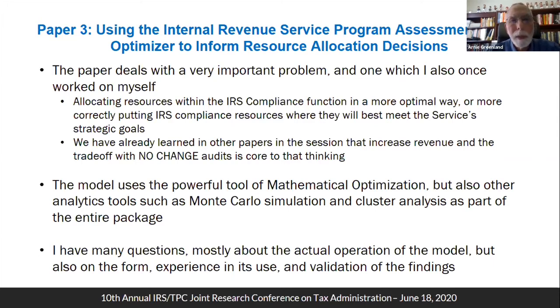A model uses mathematical optimization. There's also a very interesting approach that was described. I would use the term Monte Carlo simulation, where you selected different parameters and reran the model. Then you did use cluster analysis, another interesting idea to put them together into smaller groups.